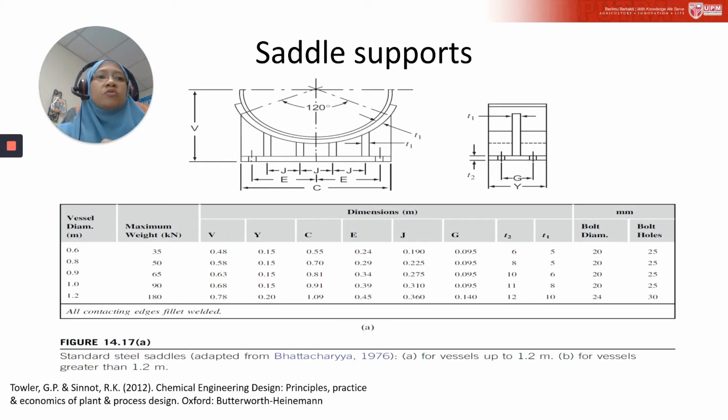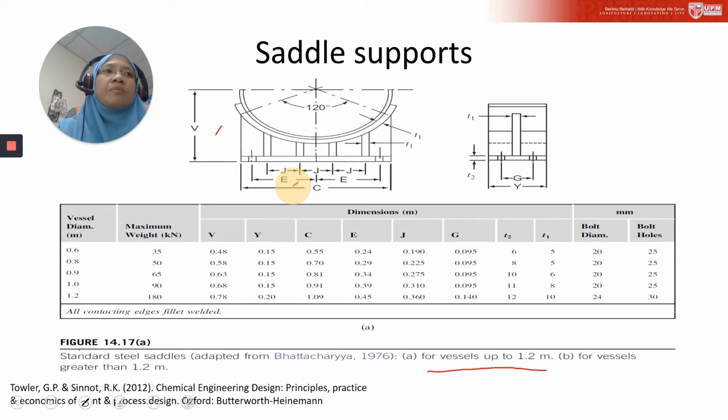This is for vessels up to 1.2 millimeter. They provide the maximum weight and the dimension for E. You can refer to this as a guide.